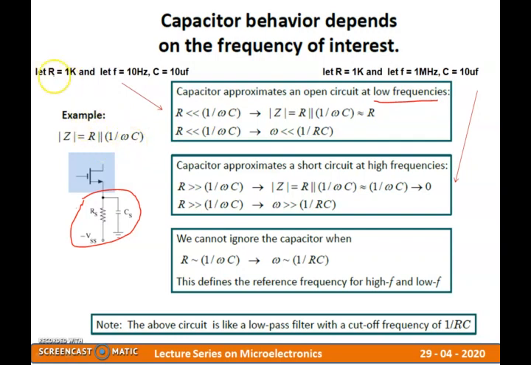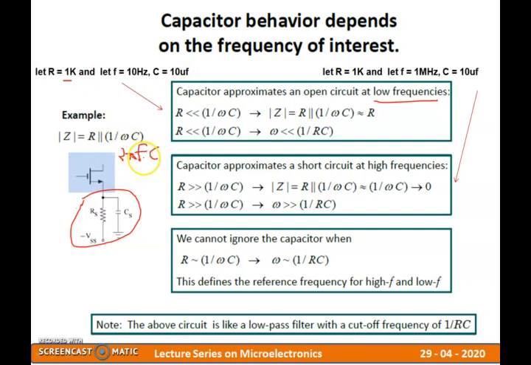Now if I consider R as 1k, f as 10 hertz and c as 10 microfarad, then omega has a value of 2 pi f, and 10 hertz into 10 microfarad will fetch me a value of 1 microfarad. 1 over 1 microfarad, I'll try to ignore this particular term.